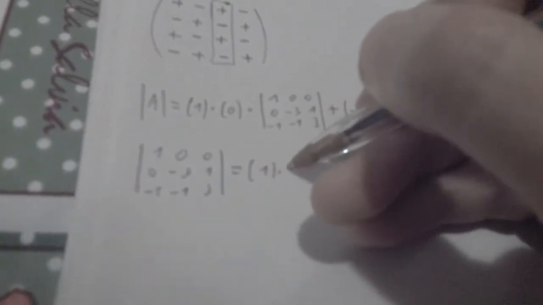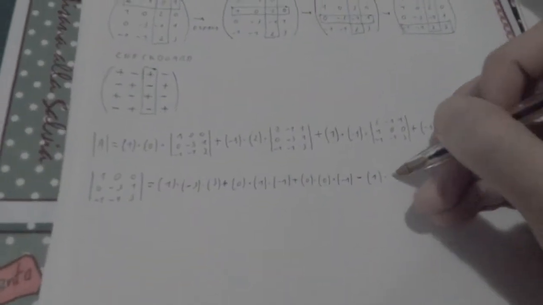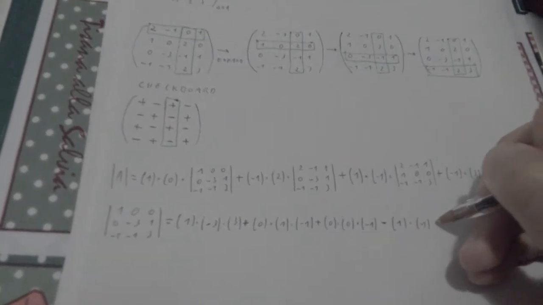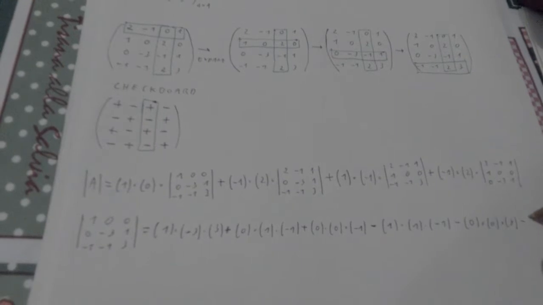So we have 1 times -3 times 3, plus 0 times 1 times -1, plus 0 times 0 times -1, minus 1 times 1 times -1, minus 0 times 0 times 3, minus 0 times -3 times -1.